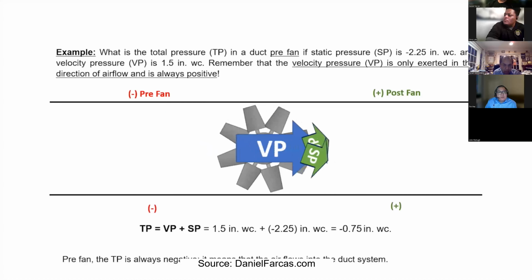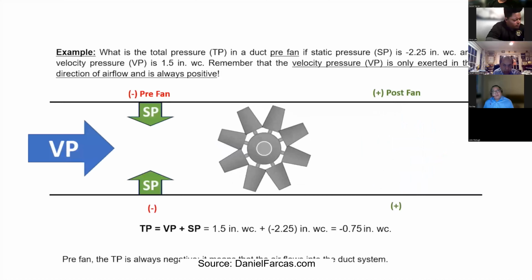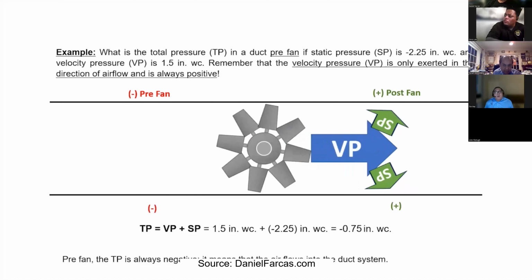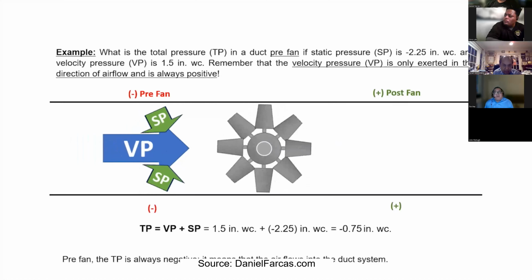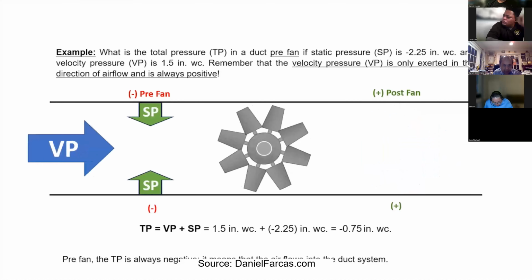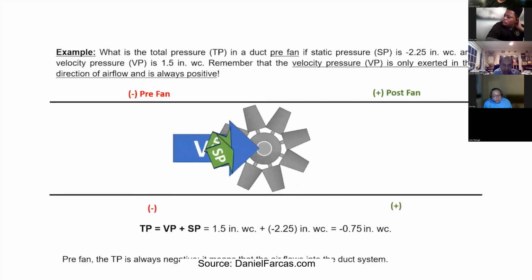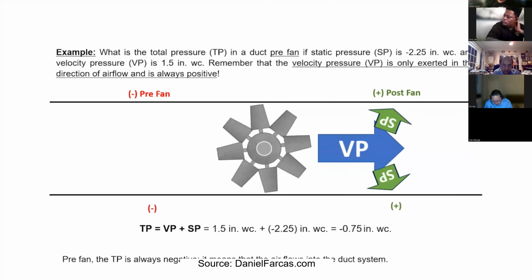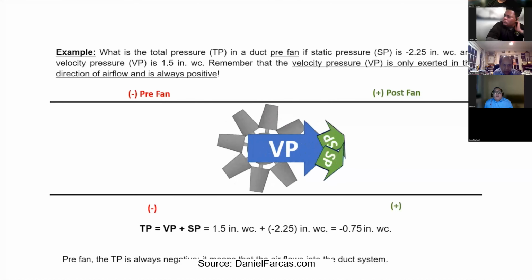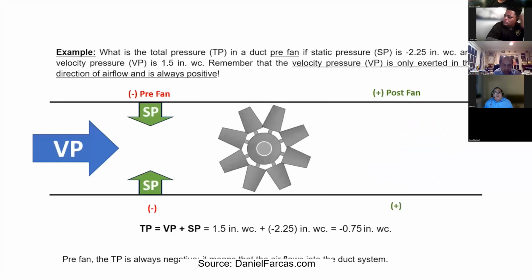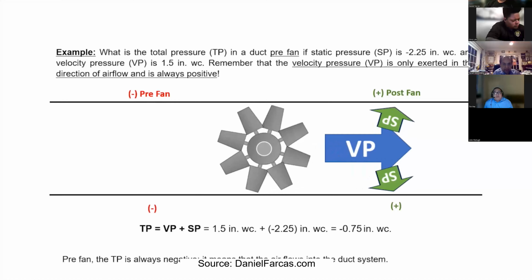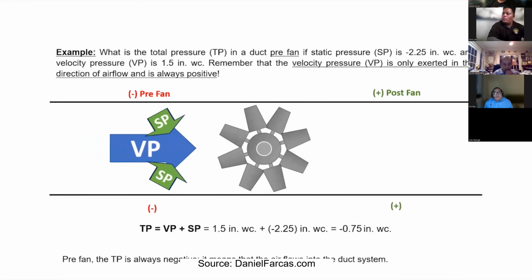That means that the air flows into the duct system. So, for our example, we have total pressure, which equals velocity pressure plus static pressure, which equals 1.5 inches of water column plus minus 2.25 inches water column, which results in minus 0.75 inches of water column.